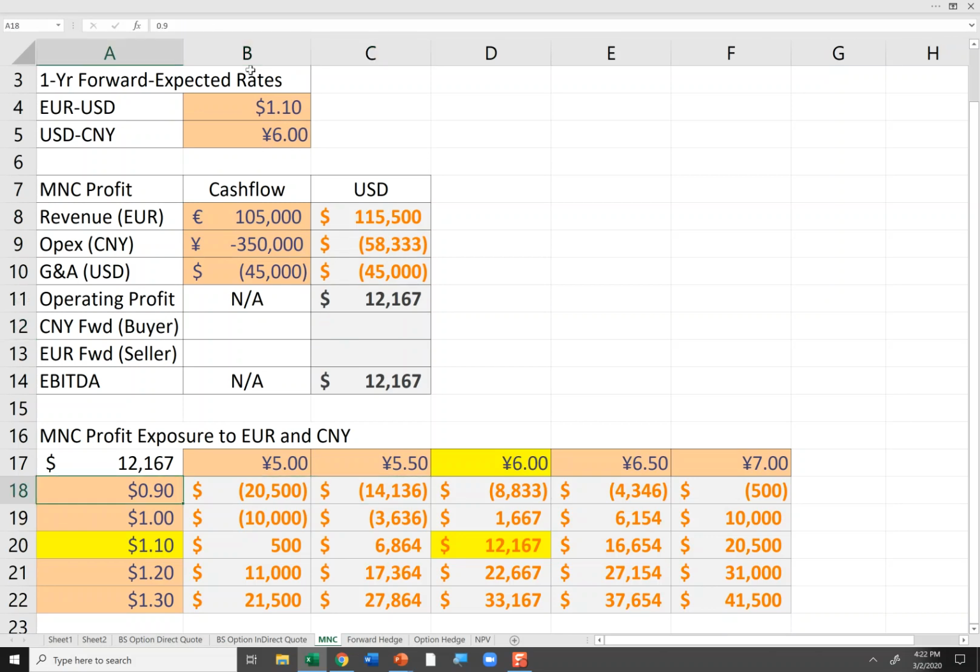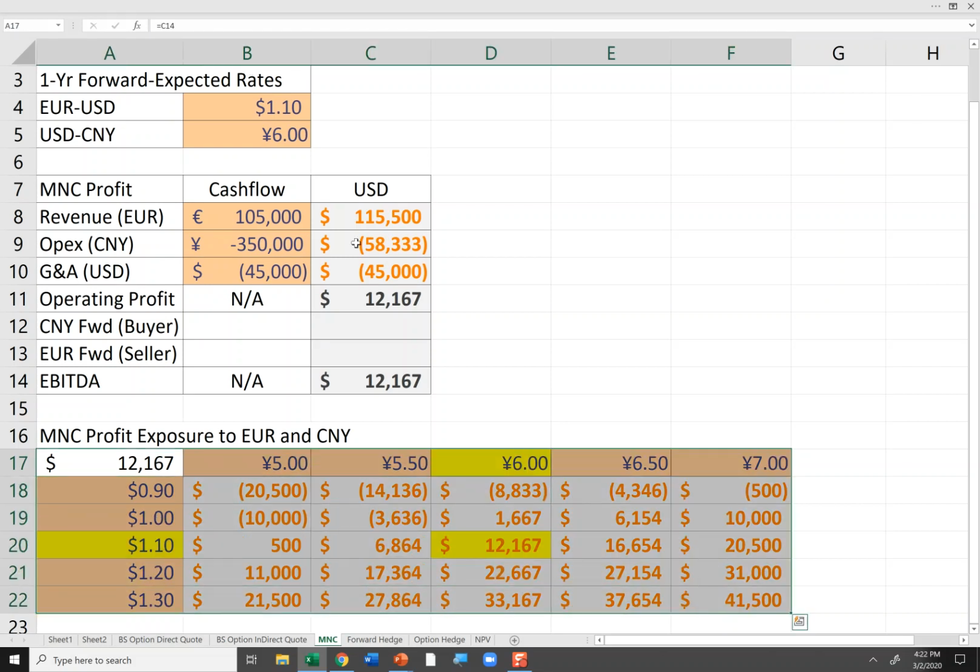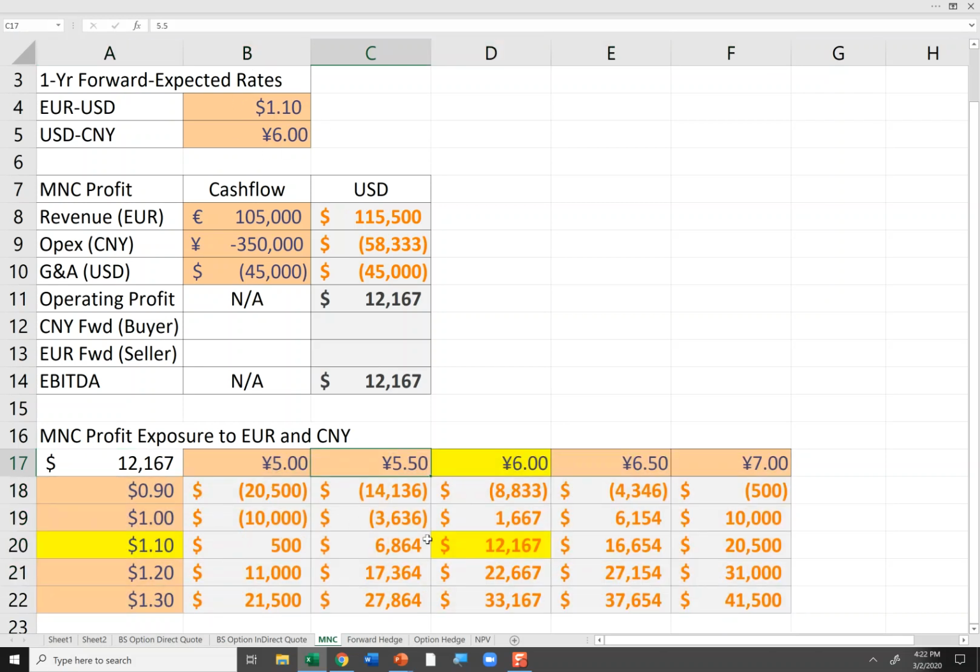Now, what's interesting is down here, I did a data table. I looked at what happens to this number as these two exchange rates change. And what you see is their exposure is to an appreciating yuan. So when the yuan goes from 6 to 5, that's a devaluation of the dollar, an appreciation of the yuan.